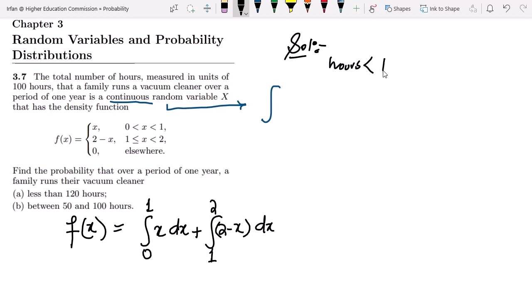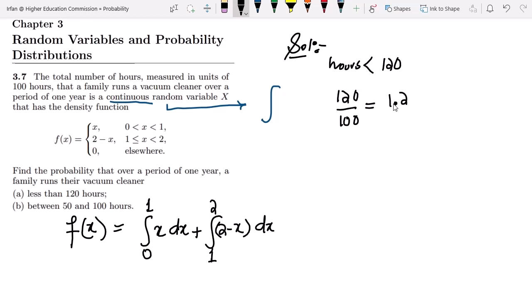less than 120. Okay, as we can see here, all of these are in units of 100, so I have to divide these 120 hours by 100. At the end I will get 1.2.